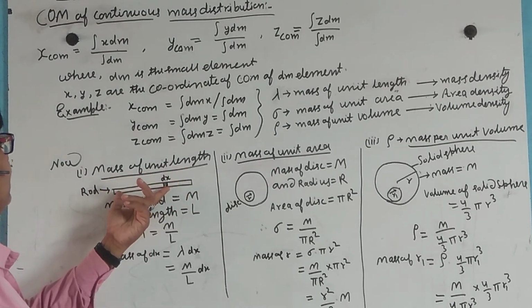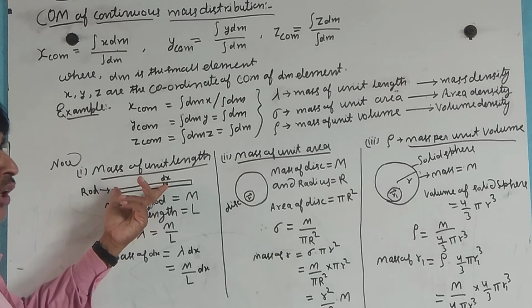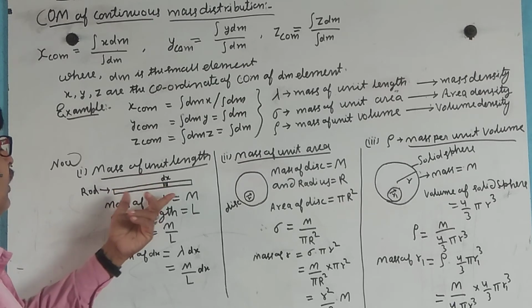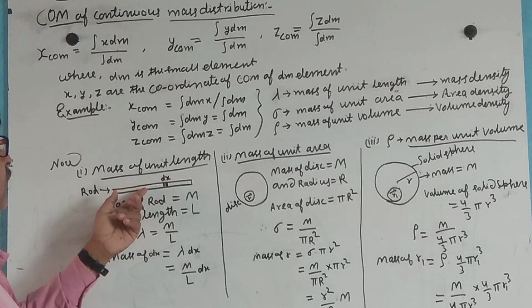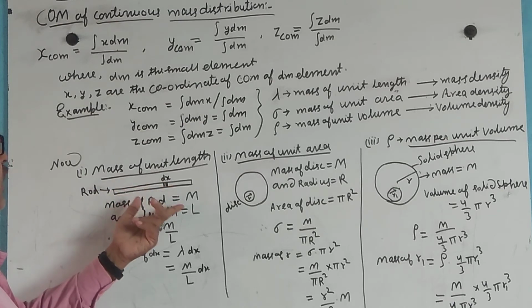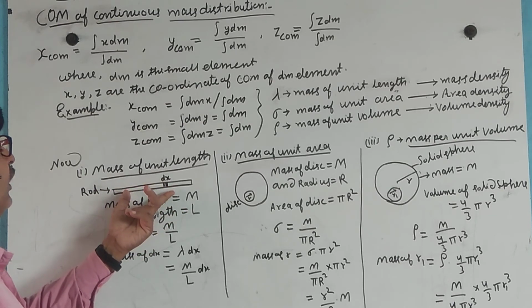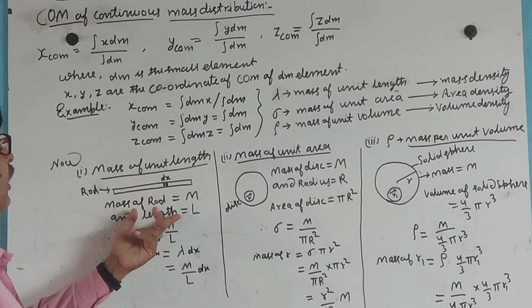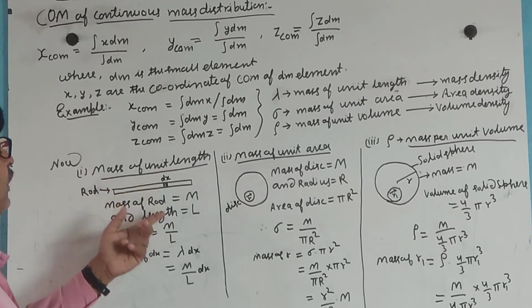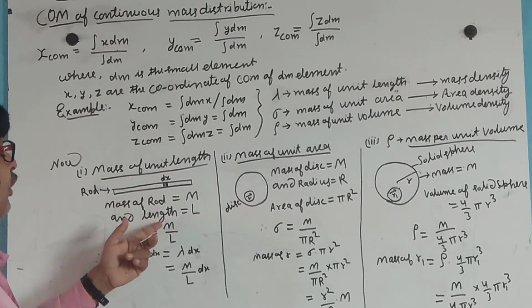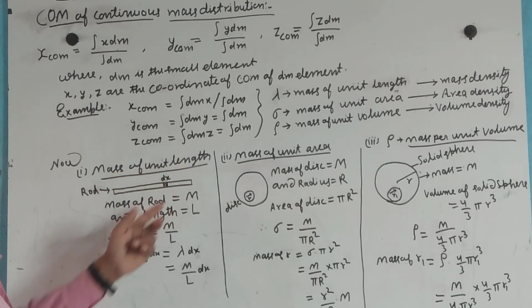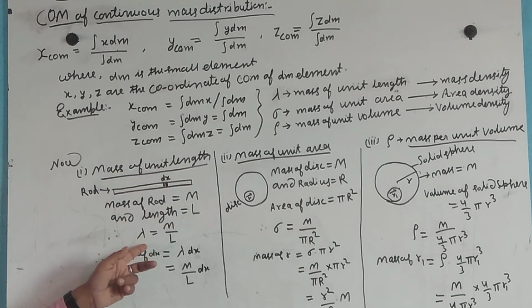Let us suppose that this is a rod, the mass of this rod is m, and the length of this rod is L. So the mass per unit length can be written as m by L, denoted by lambda.